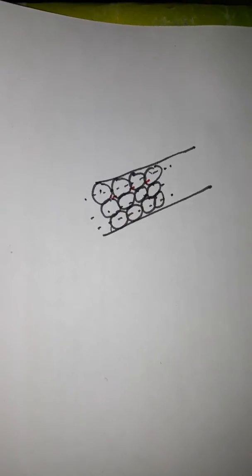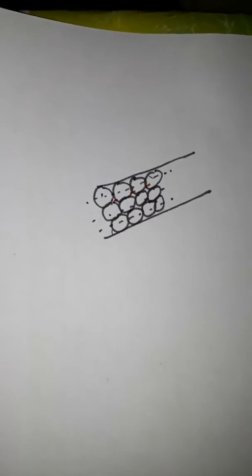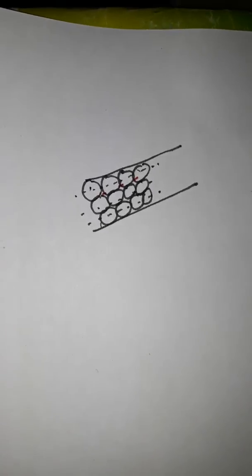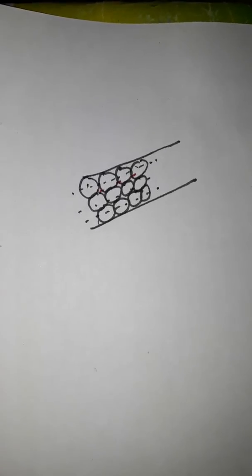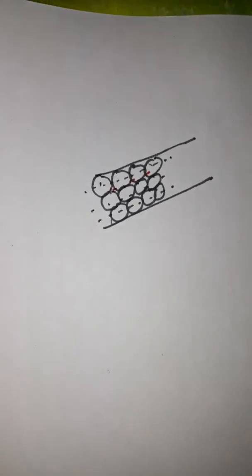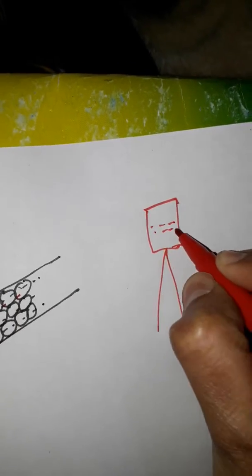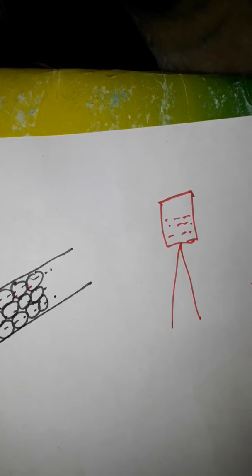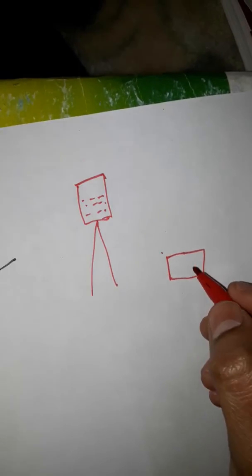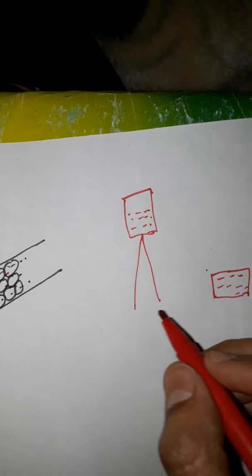Also, we can give another example for voltage, current and resistance in electrical circuit. We can correlate these things with the water pipe in our homes. Say this is a tank. Another tank. This is the ground.